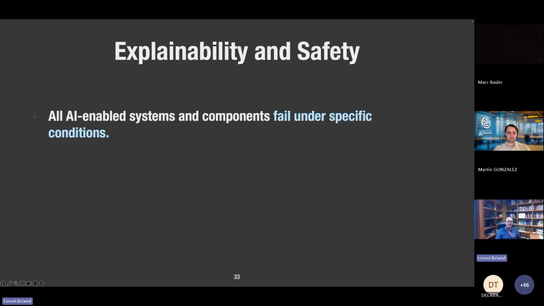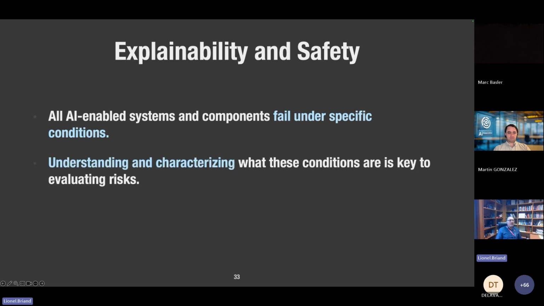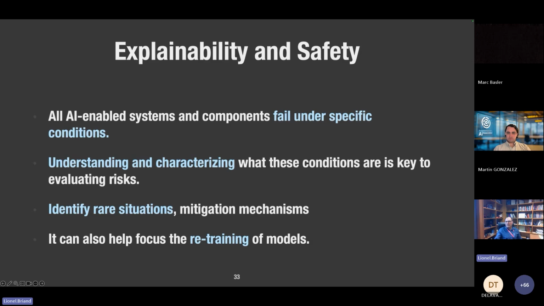In practice, that's what you need to do. So you need to understand what those conditions are so that you can identify rare situations where it doesn't work and what mitigation mechanisms you need to use. And also, as I said, to guide retraining.